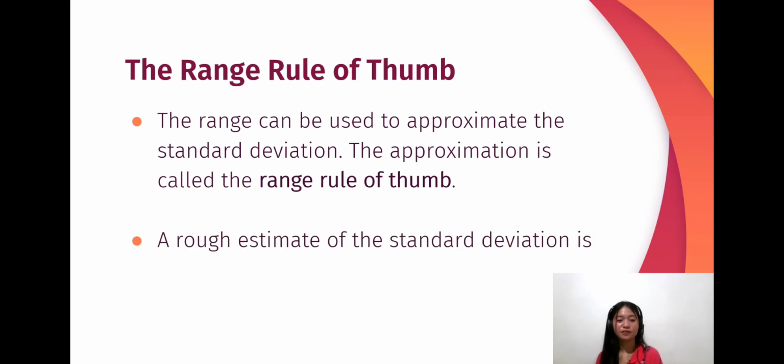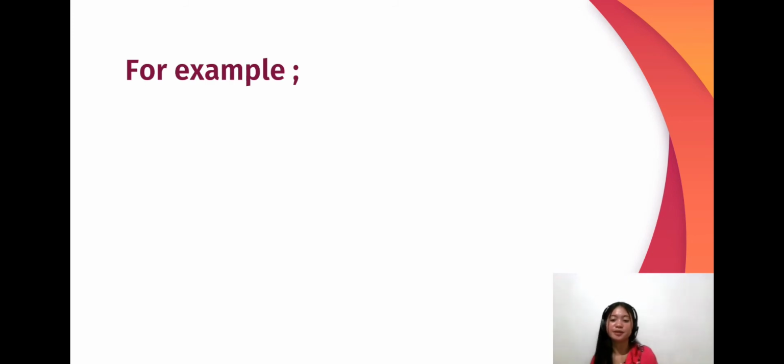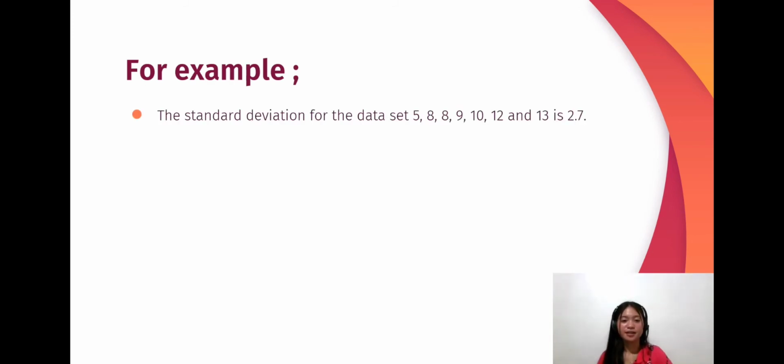A rough estimate of the standard deviation is the standard deviation equals the range divided by 4. So, for example, the standard deviation for the data set 5, 8, 8, 9, 10, 12, and 13 is 2.7.